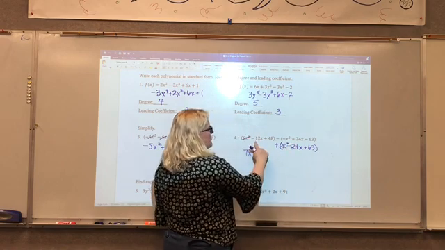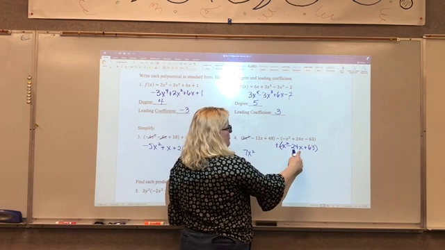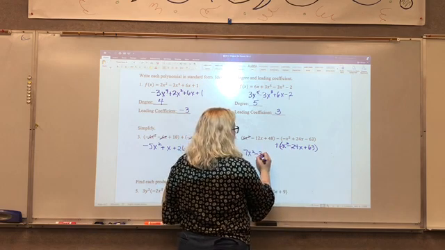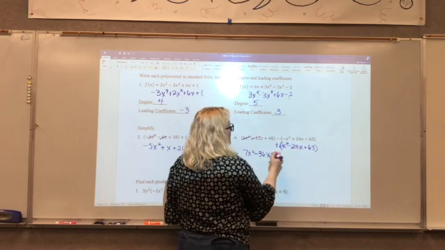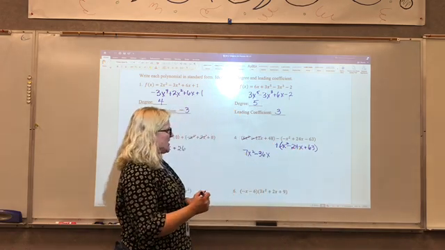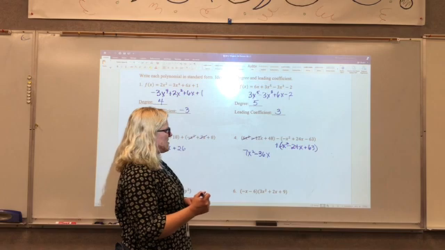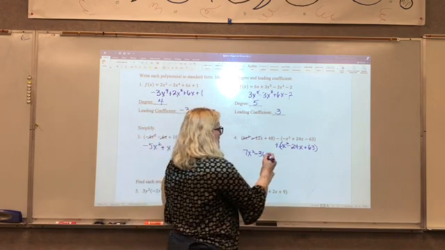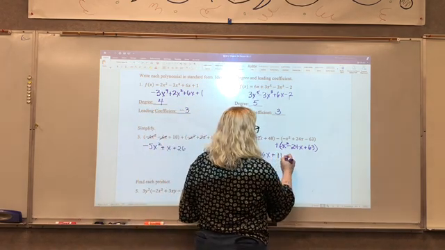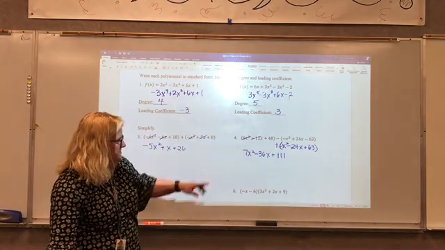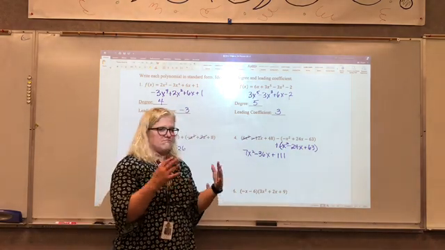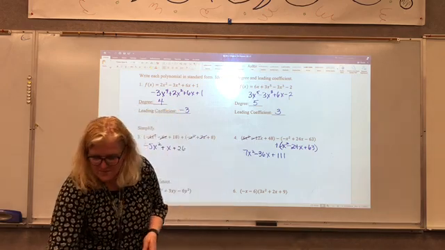Then I have negative 12x minus 24x is negative 36x. And then 48 plus 63 is 111, right? Okay, so that one has just some weird numbers, but that's the answer to those.